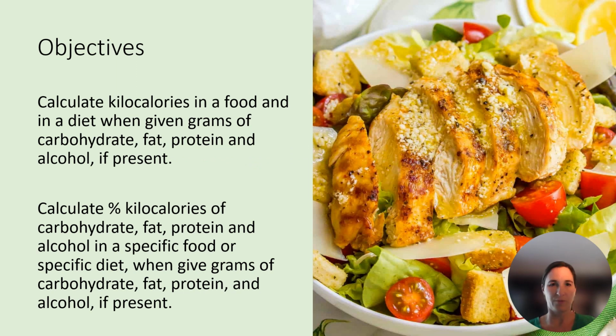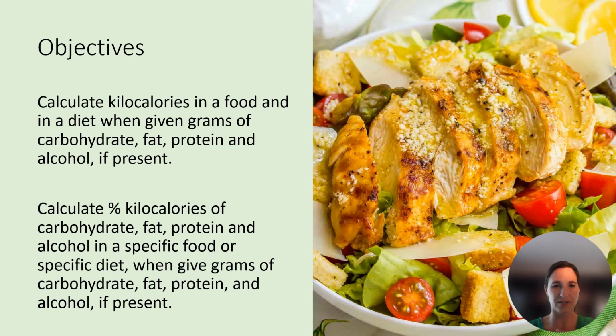So our objectives are to calculate the kilocalories in a food and in a diet when given grams of carbohydrates, fats, proteins, and if it's present, alcohol. Now, alcohol is not classified as a nutrient. However, it does yield energy. And we need to calculate those kilocalories if a food or a drink has alcohol in it.